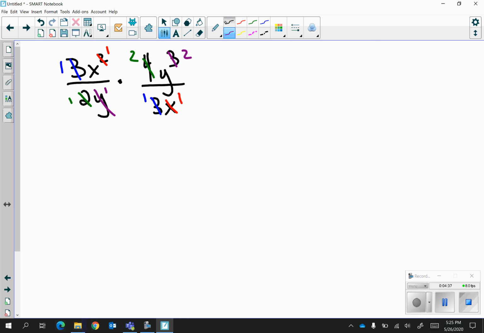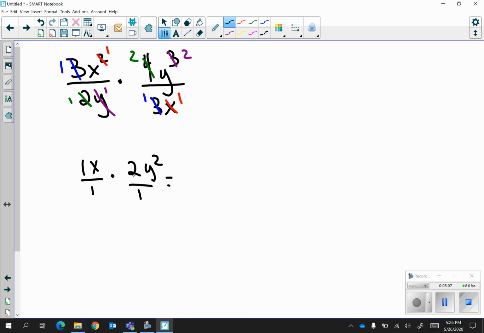Now that I did all that simplification, if you can actually read your handwriting, what you have left over is, on the left, a 1, and an x to the first power over 1. On the right-hand side, we have a 2 up top, a y squared up top, and just a 1 on the bottom.